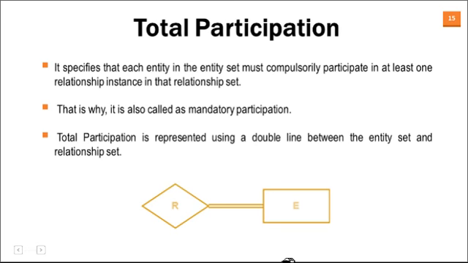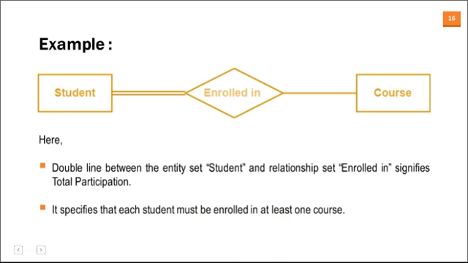Here is my entity and here is my relationship, and it is shown by a double line. The double line between the entity set student and the relationship set enroll signifies total participation. It means if a student is enrolling in any course, then I can say it is a student entity. If there are 10 people, are all 10 my students?